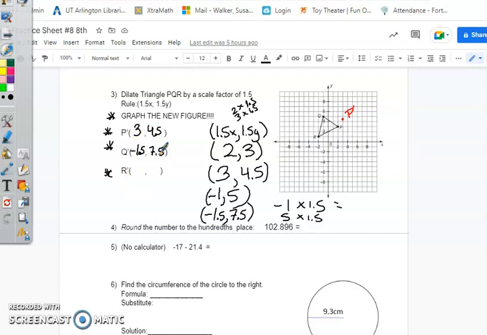So when I do this, it's -1, -1.5, 1, 2, 3, 4, 5, 6, 7.5. I'm going to put a little bitty dot here, and then I'm going to switch it with red. Can't get it, but it's basically right in that square, right in the middle.